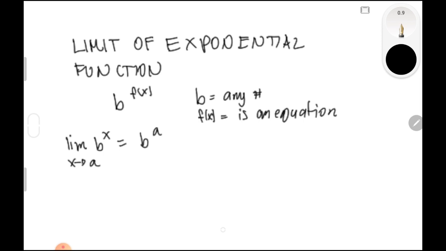Therefore, we may say that the limit of b raised to f of x, as x approaches a, can be equal to b raised to the limit of f of x as x approaches a, provided that b is greater than 0 and b is not equal to 1.